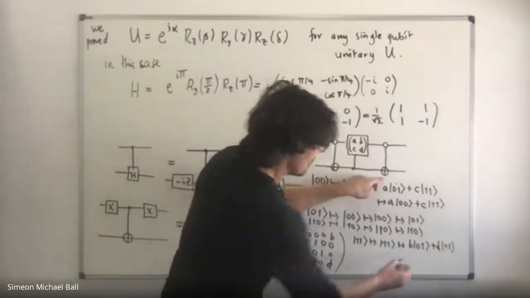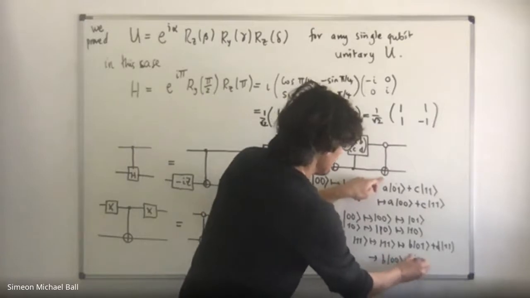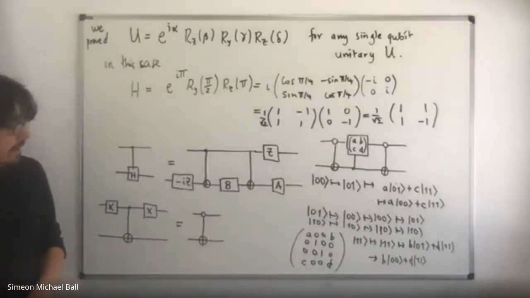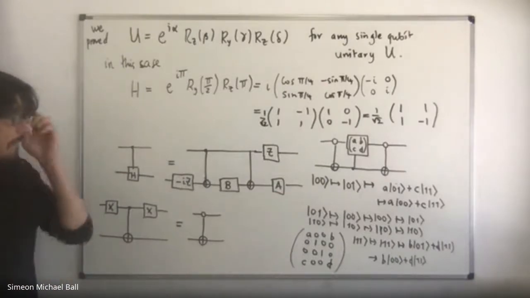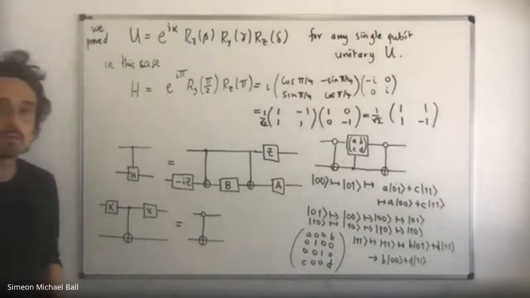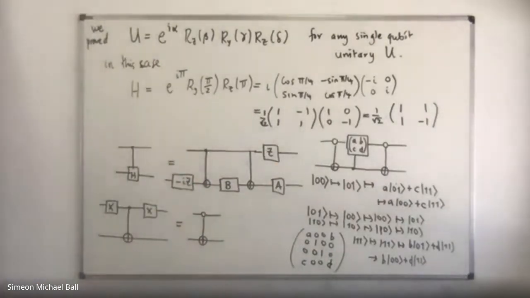And now, if the first qubit's not set, we switch it, so this goes to B00 plus D11, as desired. And as with all things, just checking these things becomes second nature with a little bit of practice.